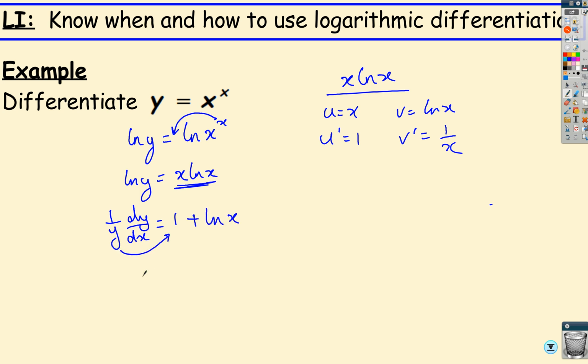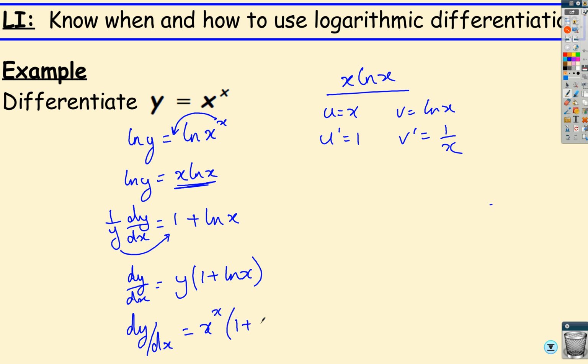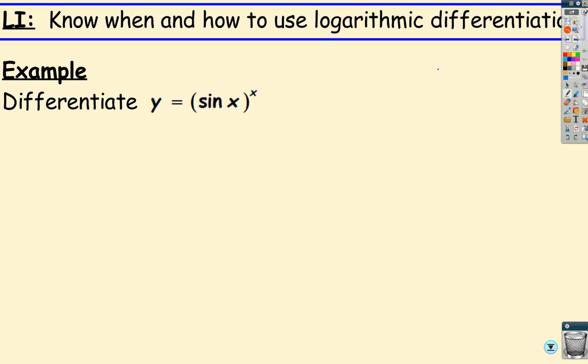Multiply up by y, and dy by dx is y times (1 add log x). Make our substitution back for y. y is equal to x to the power of x, so dy by dx is equal to x to the power of x times (1 plus log x). Okay, job done. Now, this next one we need to be a bit more careful with.